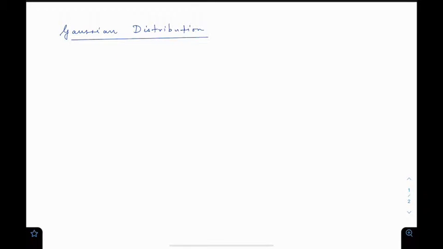So this is the most popularly known and most used PDF, and it's given as the Gaussian distribution is symmetric about mu, and sigma is a measure of its width.